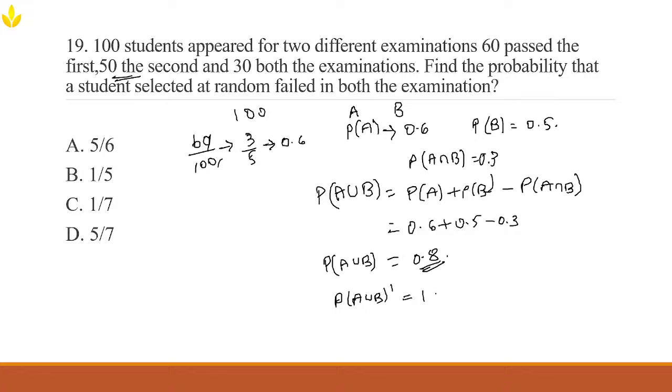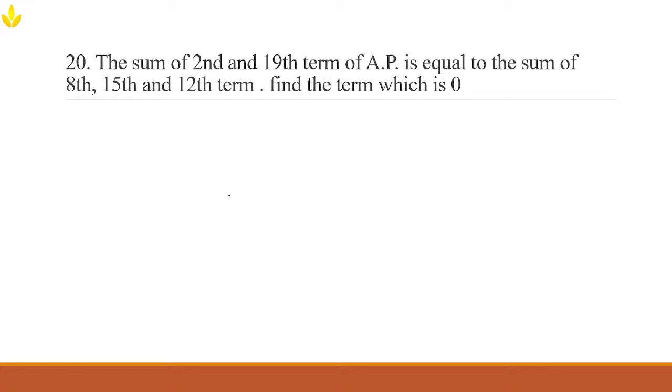That will be equal to 1 minus the probability of A union B, which is 1 minus 0.8, that is nothing but 0.2. 0.2 is equal to 2 by 10, that is again 1 by 5. So here the answer for this is option B. Next.